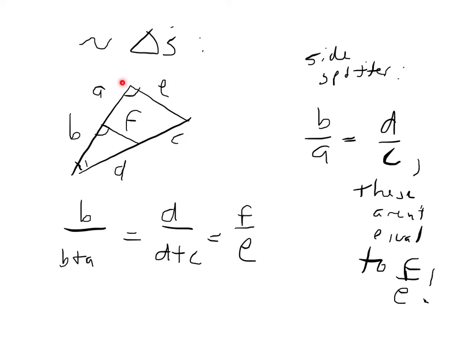Your side splitter parts, A and C, aren't sides. They're only parts of the large triangle sides.